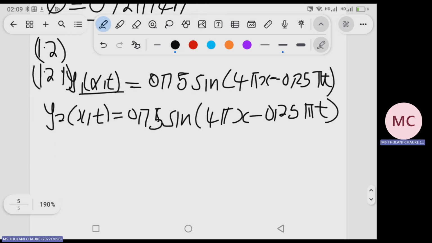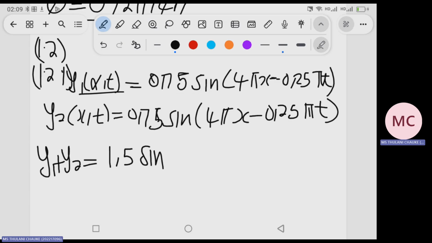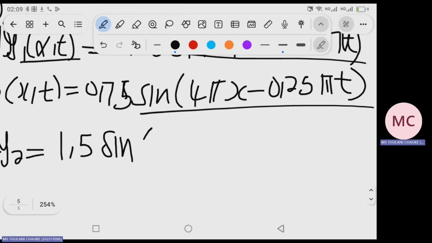So now they are looking for the resultant amplitude. What you will do is get your y1 plus y2. So 2 times 0.25 times 5 will give us 1.5. And then you do the addition of this one separately, so you'll get the angle as 4 pi x.